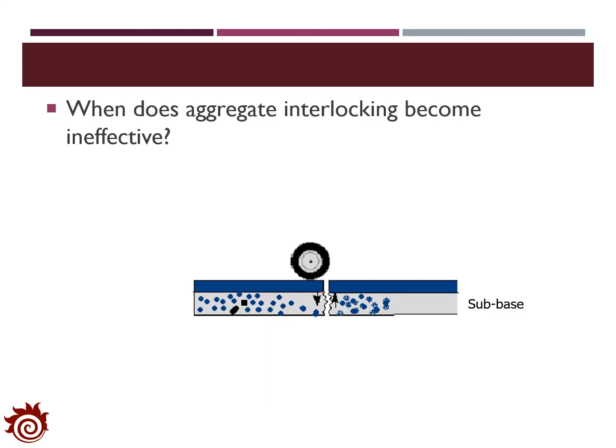We know that the load transfer coefficient is related to the aggregate interlocking effect occurring at the subbase layer of the rigid pavement. And this effect will be observed at the PCC joint or the cracking of the pavement.